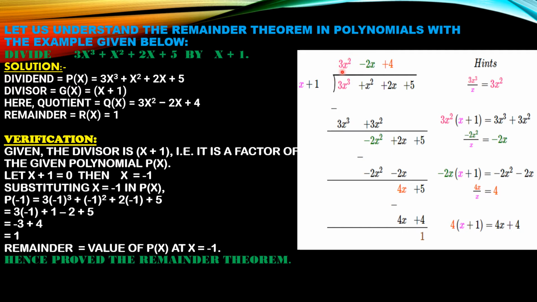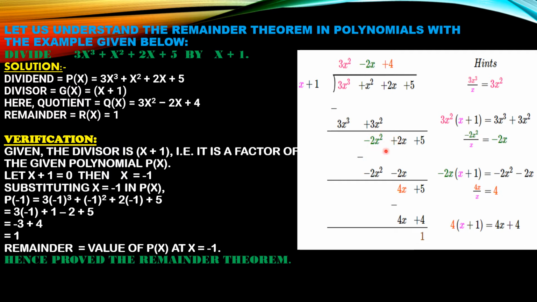3x square when multiplied by x plus 1 gives 3x cube plus 3x square. We will write it down here and subtract as usual. So a minus sign will appear here, with minus 2x square, and 3x cube will be cancelled out. Again copy down 2x and 5. Now for the second term, we see the first term again.